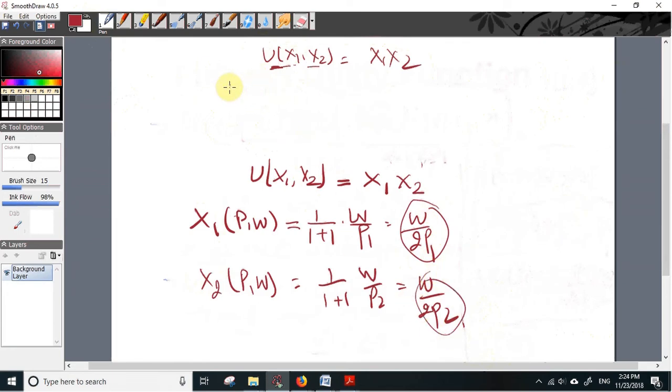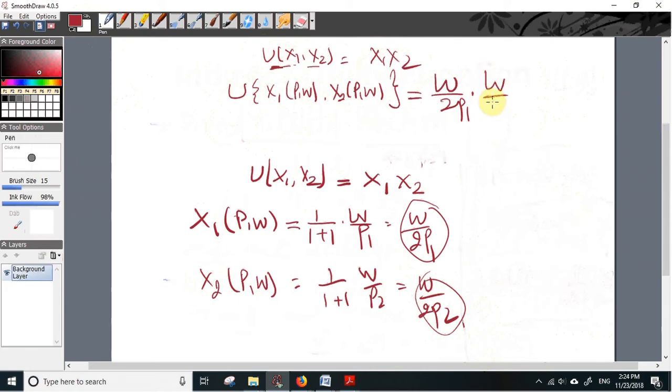So this becomes x1(p,w) and this becomes x2(p,w). Now substitute the value of x1, which is w over 2p1, and the value of x2, which is w over 2p2. This is denoted by v(p,w) because this is the maximum utility attainable from the consumption, and it is a function of prices and income.